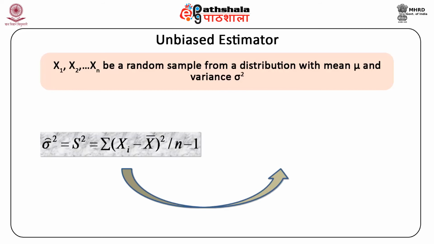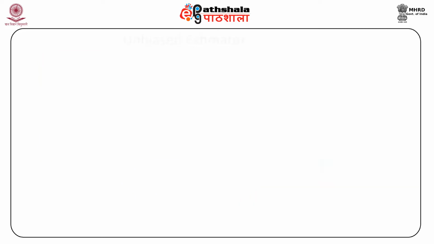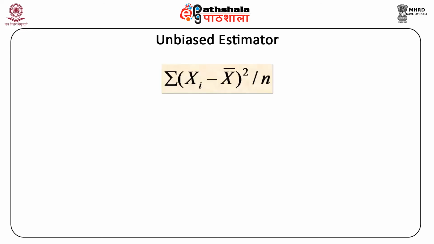This is an unbiased estimator of sigma squared. This is to specify that the estimator with n in the denominator, that is, the sum of (xi minus x bar) whole squared divided by n, is a biased estimator.